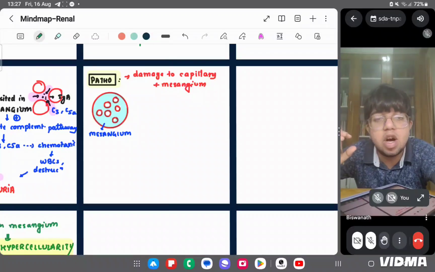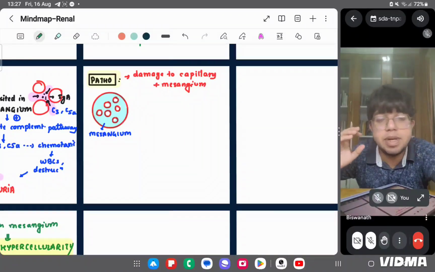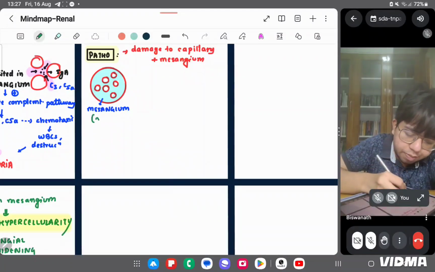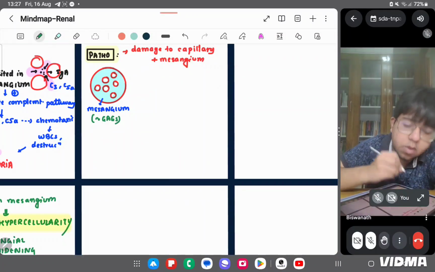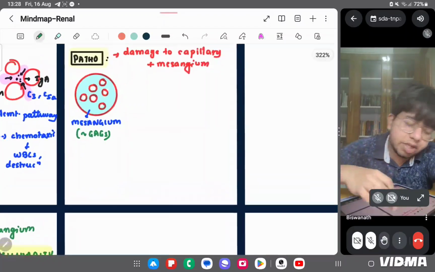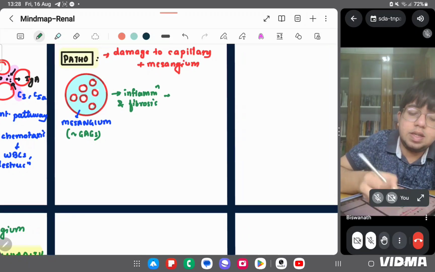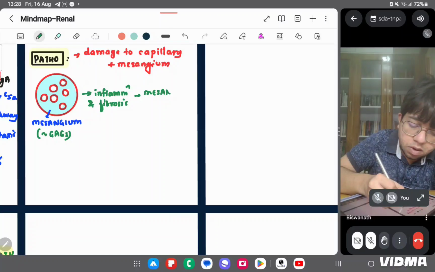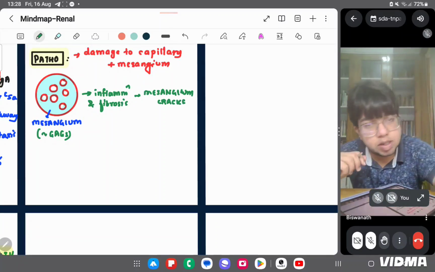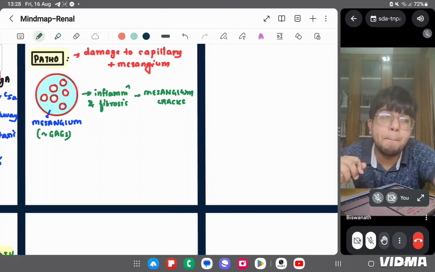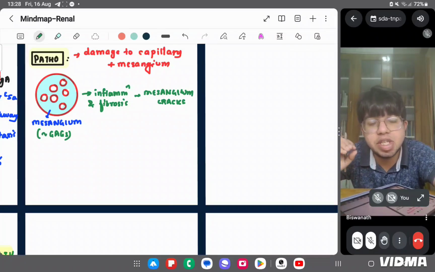The mesangium is a semi-solid material made up of glycosaminoglycans, GAGs. So due to inflammation and fibrosis, which is due to the etiological agents, the mesangium cracks, and there will be compartmentalization of the mesangium.